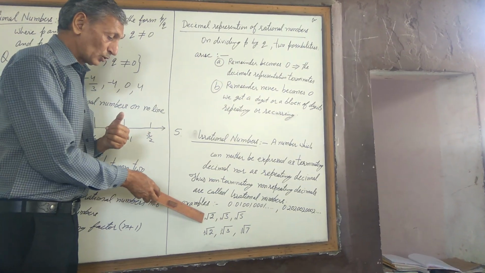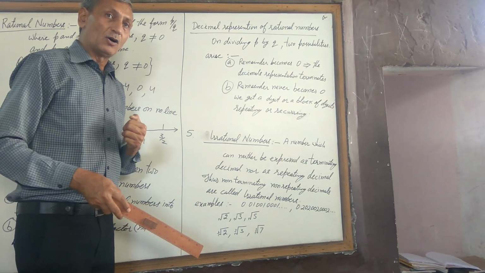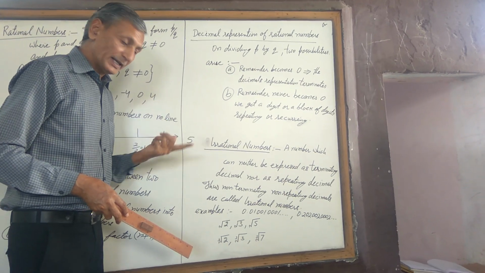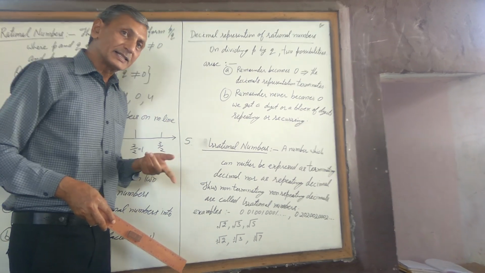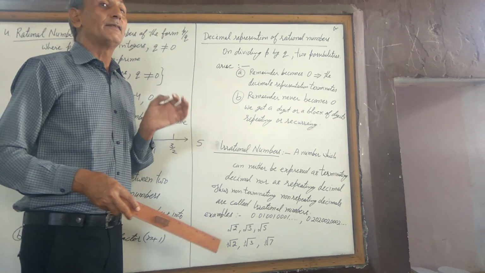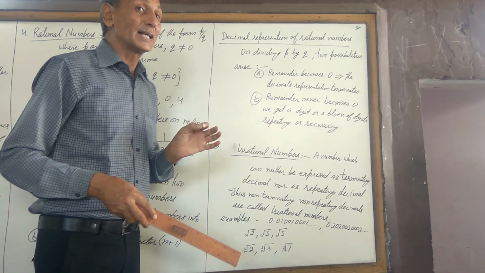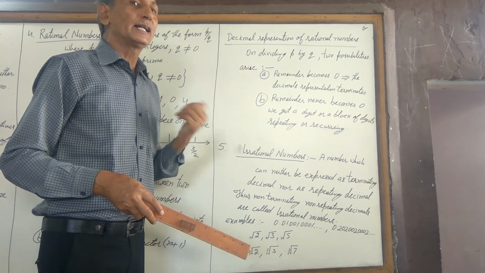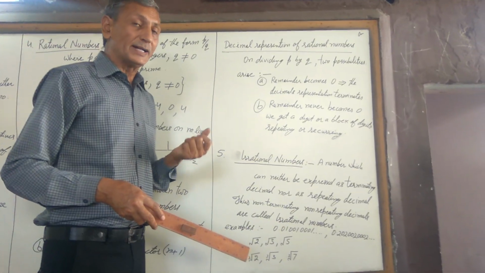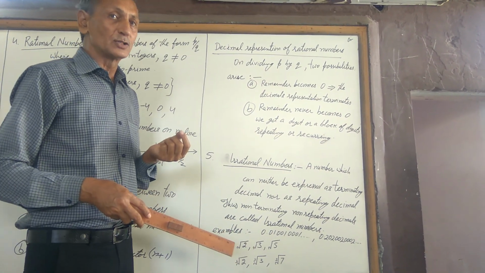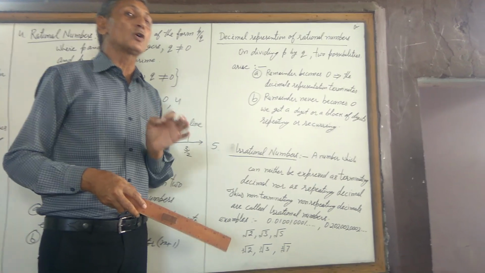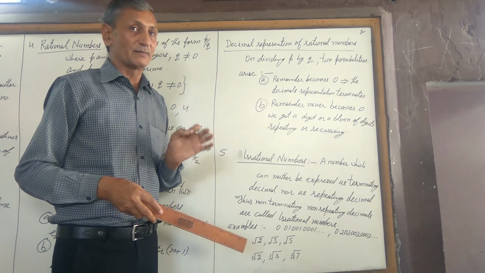The numbers like root 2, root 3, root 5, all these numbers are irrational numbers. Cube root of 2 is again an irrational number. Even the value of pi is irrational because it is difficult to find out the value of pi exactly. For pi we take approximate values, not the exact values.